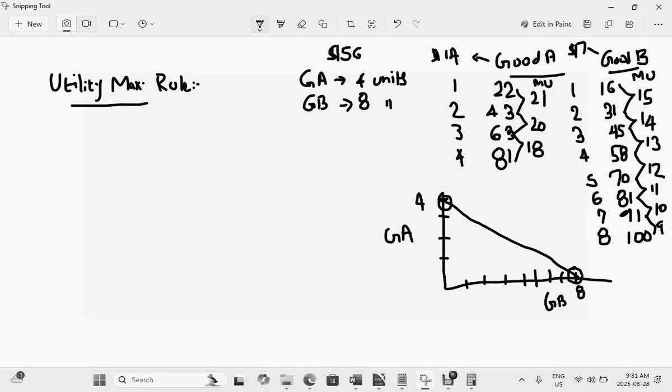We know the marginal utility for 4 units of good A, and we can only consume a maximum of 4 units based on the price, because this is $14 and this is $7. So this is 18 over there.